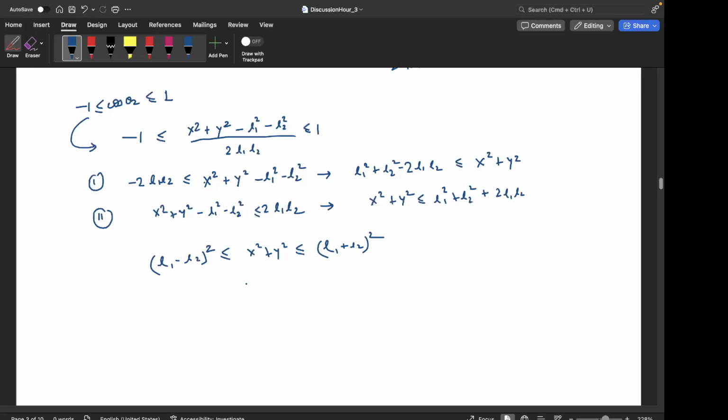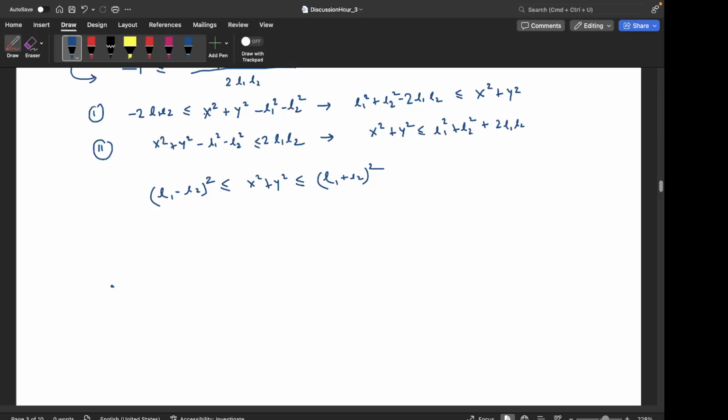And basically if this is the origin and this is x comma y, then the x square plus y square gives the distance between these 2 points. This is x2 square plus y2 square, right? And L1 plus L2 square is basically the radius of a circle, right?